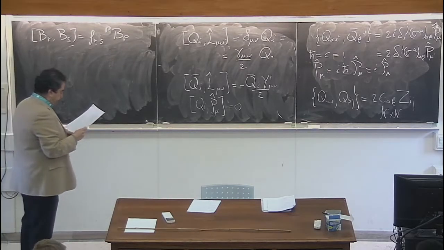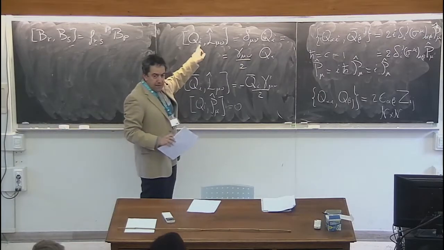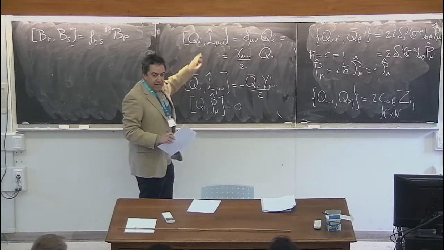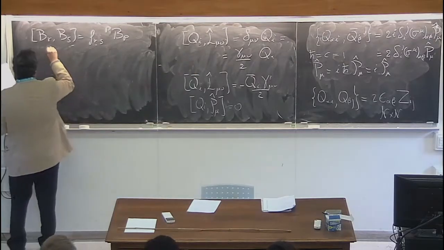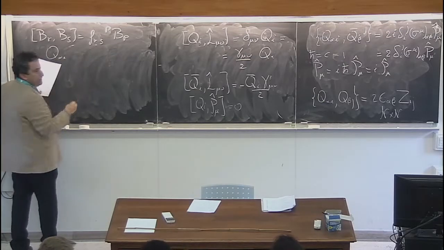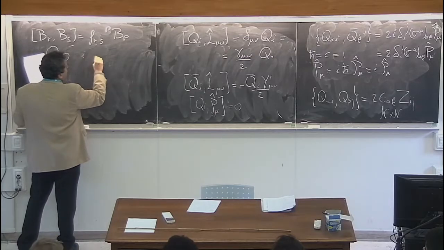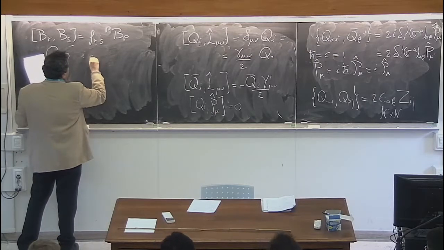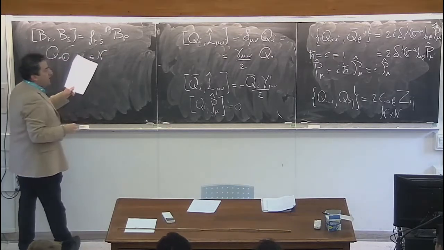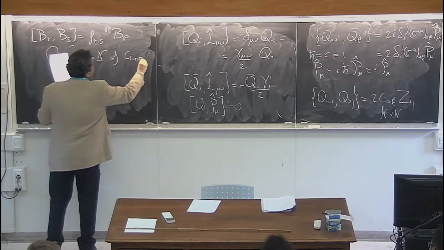Now, this internal group should act on I, on the index I, and Qi, alpha I, belongs to a representation of G int through the index I. So I labels a representation n of the internal group.